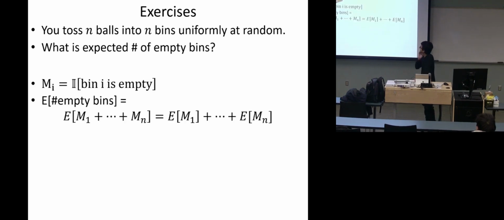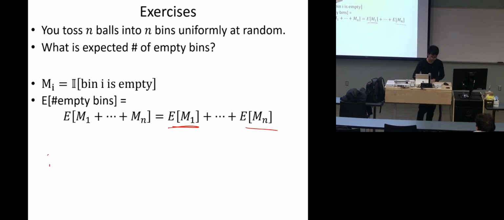Well, we can set Mi again to be, the way to go is kind of just to look at some indicator random variable that you know how to analyze, and in this case it's Mi, which is the indicator whether bin i is empty. This is good to look at because the expectation of the number of empty bins is just a sum of the expectation of each Mi.